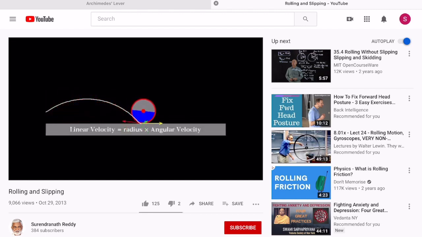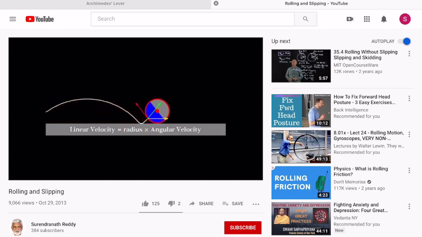This is rolling without slipping. Notice the white curve here gives you the location of one point of the wheel. Notice that one point of the wheel just keeps going up and down, and so this is rolling without slipping. And here are some examples of rolling.